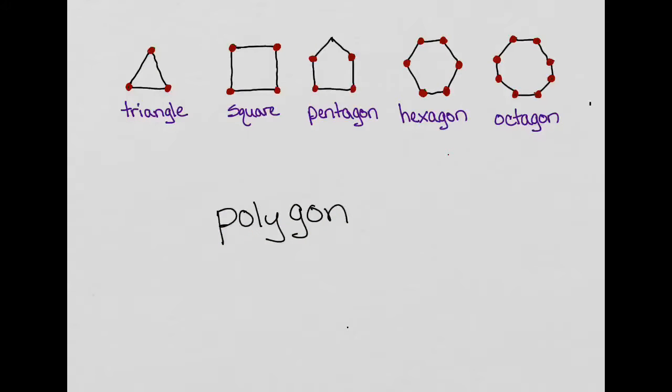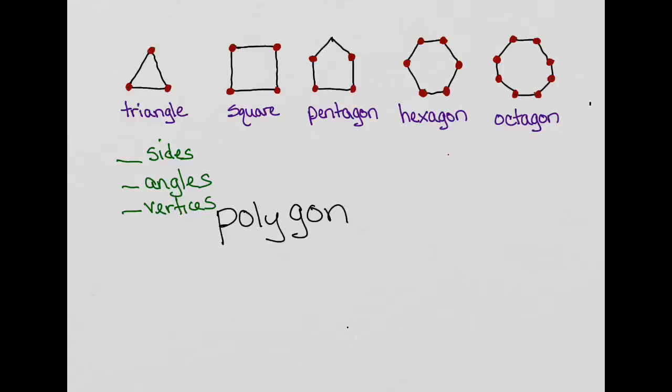So what we need to talk about here are the different polygons, and why they are called certain things like pentagon or hexagon. Well, let's take a look at the triangle. For your lesson, you're going to be needing to count the sides, how many angles, and how many vertices.